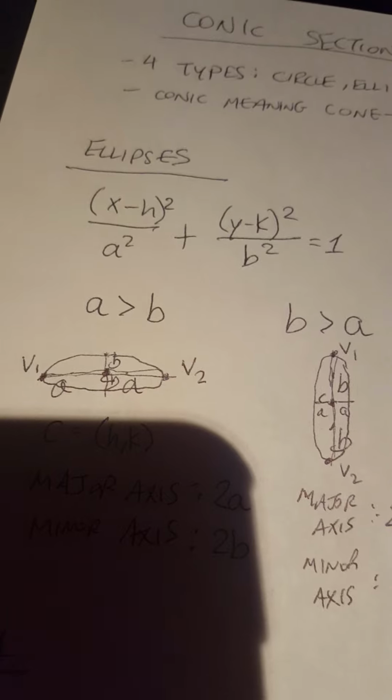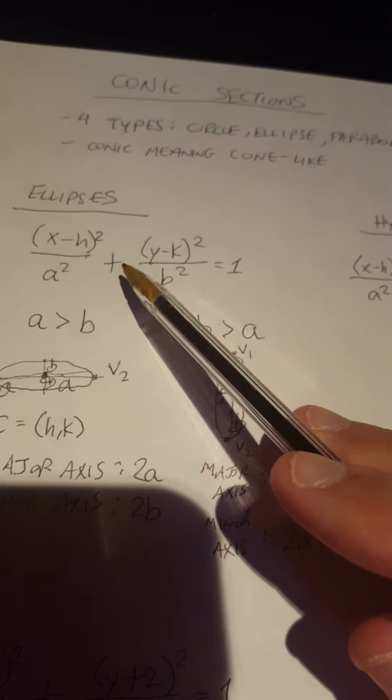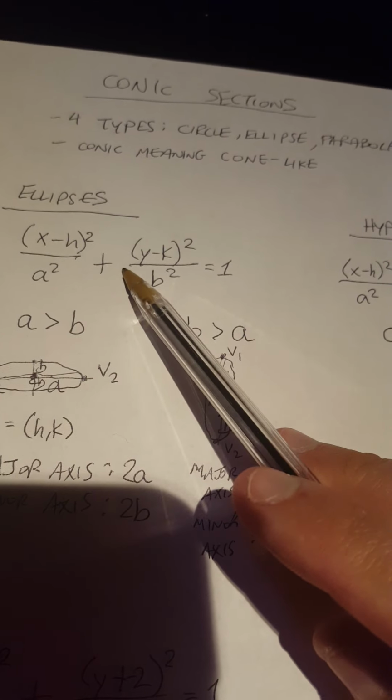Alright, so this looks very similar to when we were talking about an ellipse. The key thing here is that you're subtracting. You're adding these both together when it's an ellipse. You're subtracting when it's a hyperbola. And then it does matter what goes first, like what's bigger, the a or the b. So you determine the center the exact same way, but this is going to look different.